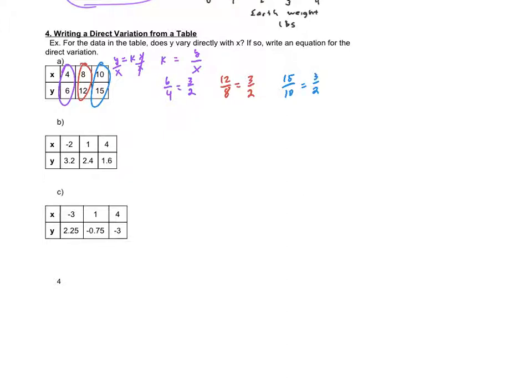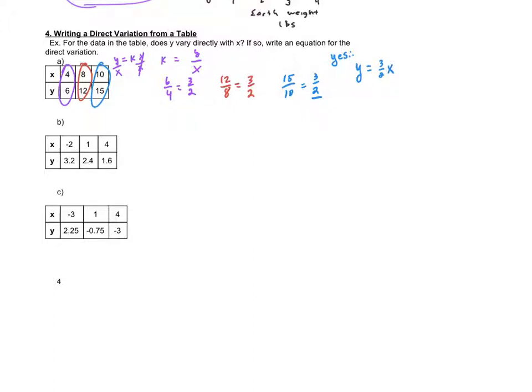So for the data in the table, does y vary directly with x? Yes, we have a constant of variation. Our constant of variation is 3/2, and the equation would be y equals 3/2 x.